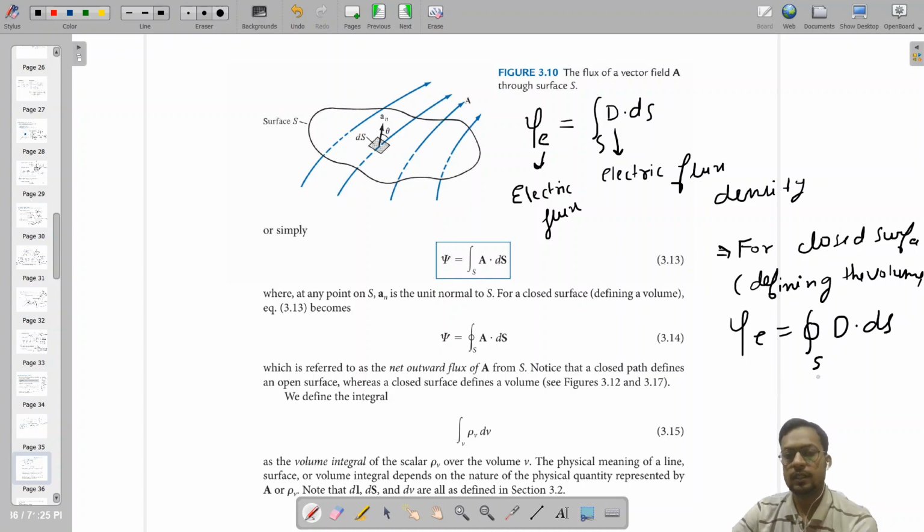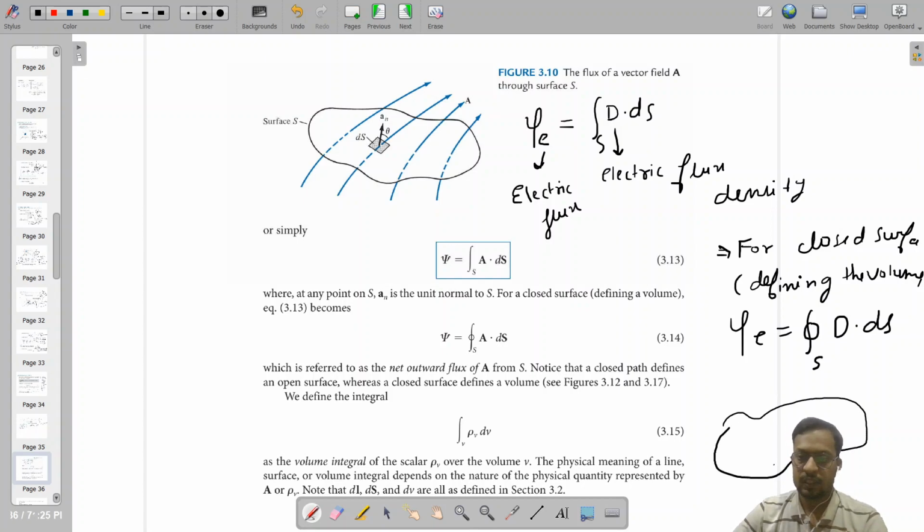So for a given closed surface, if a flux is coming out, this is called the net outward flux.